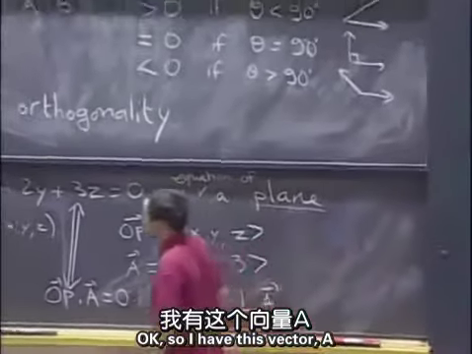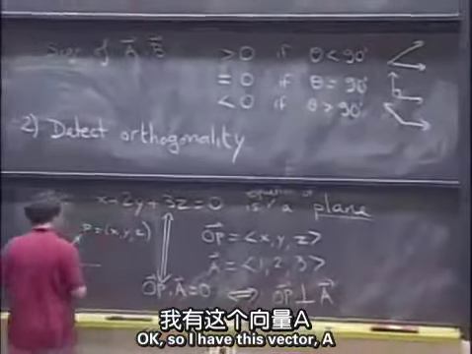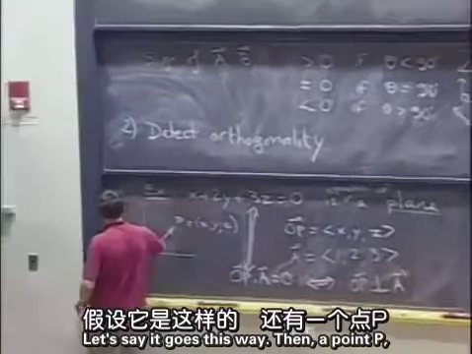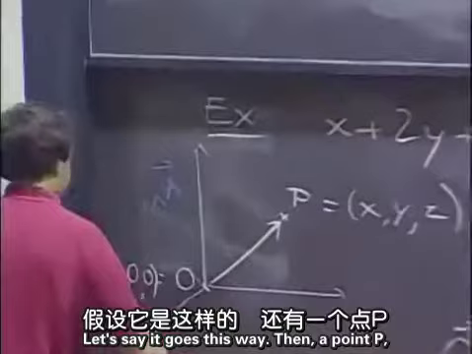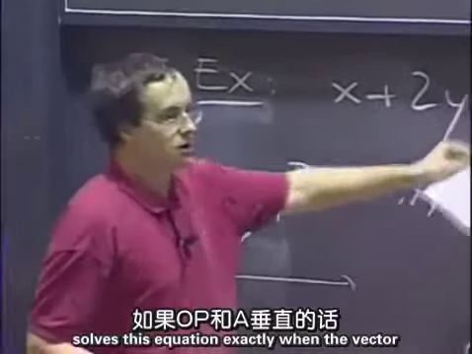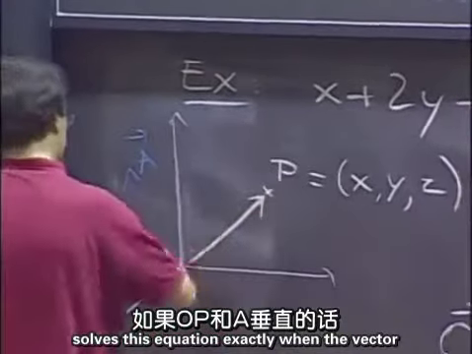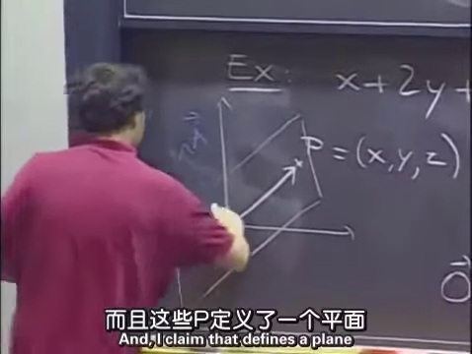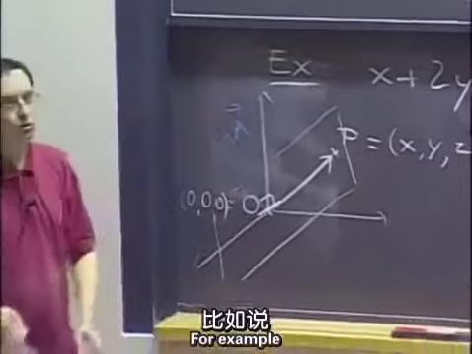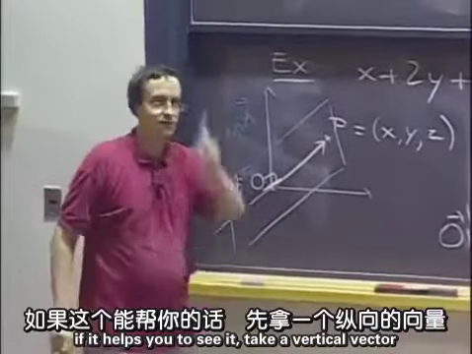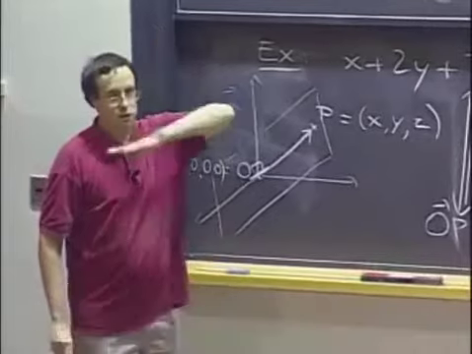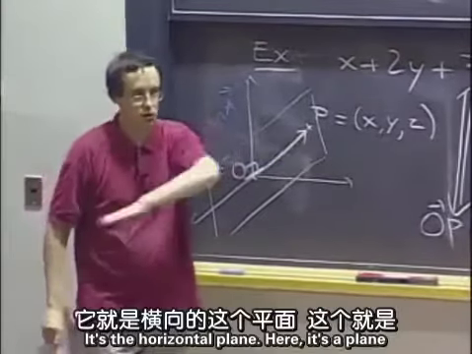So I have this vector A. I'm not going to bother to draw it realistically. Let's say it goes, for example, this way. Then a point P solves this equation exactly when the vector from O to P is perpendicular to A. And I claim that defines a plane. For example, if it helps you to see it, take a vertical vector. What does it mean to be perpendicular to the vertical vector? It means you're horizontal. It's the horizontal plane.